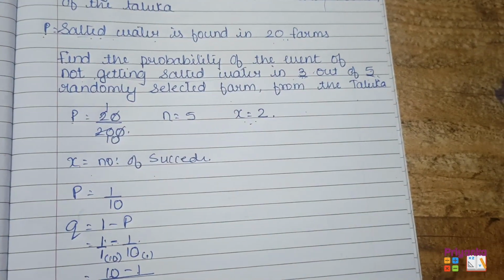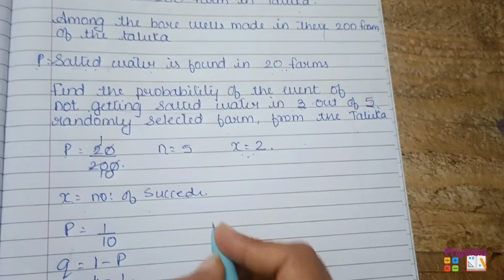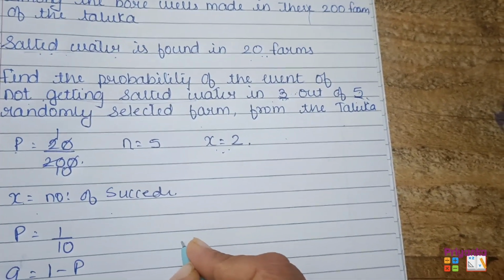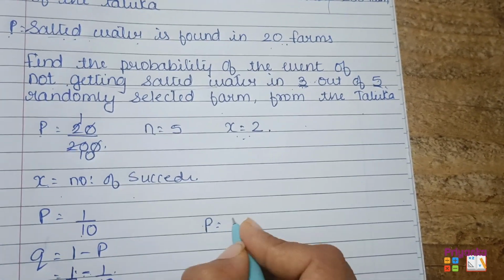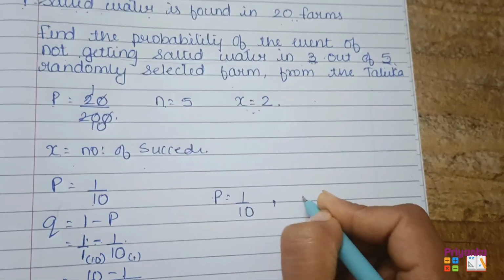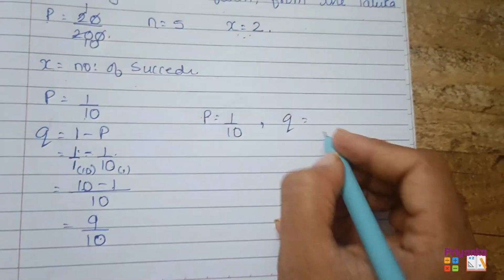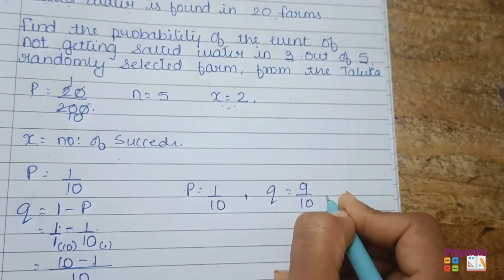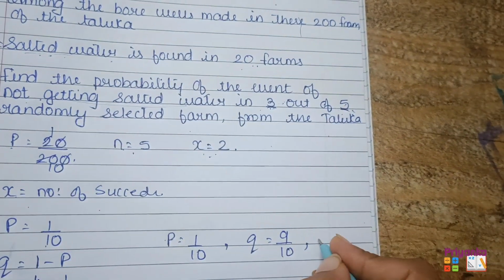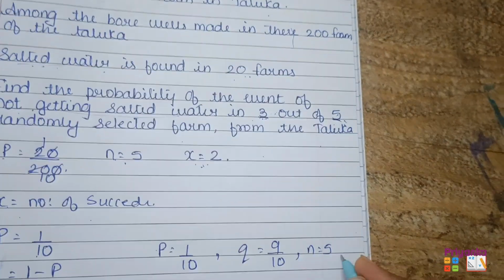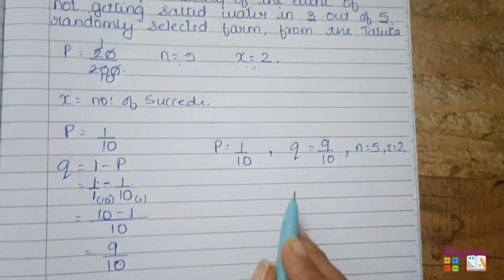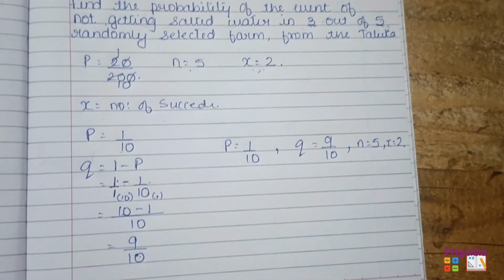So here we got all the values, I am just writing here separately, that is p equals to 1 upon 10, q equals to 9 upon 10, n equals to 5, and x equals to 2. Now I am taking this calculation on the next page.